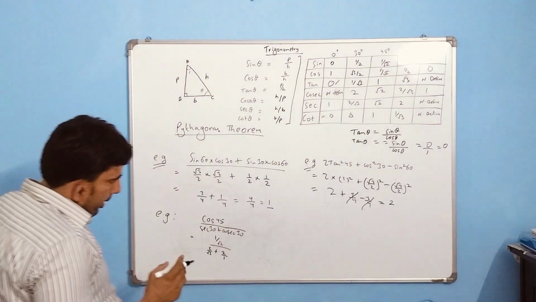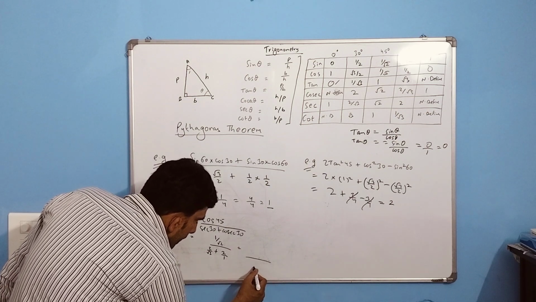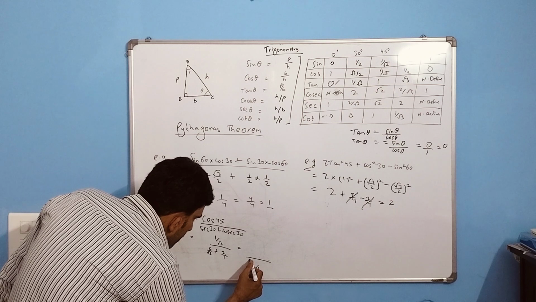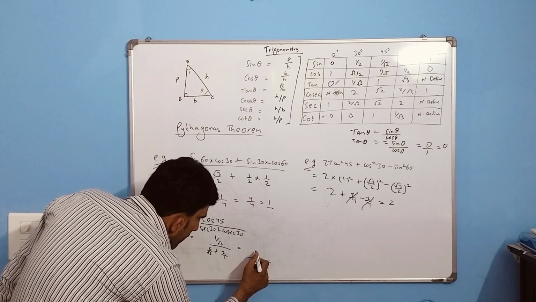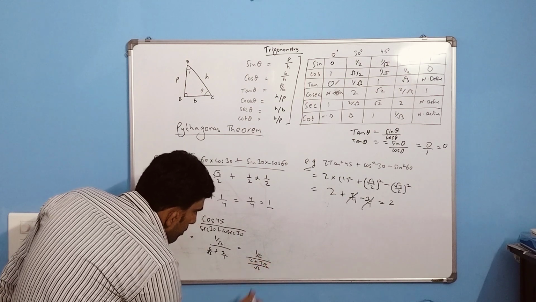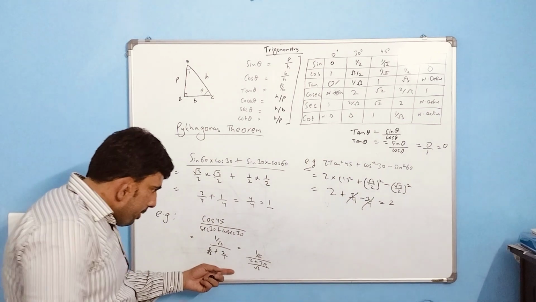Okay, now it is in fraction form. We need to solve this first. Taking an LCM, you will find 2 plus 2 root 3, and here is 1 upon 2. So after taking LCM, you will find this.